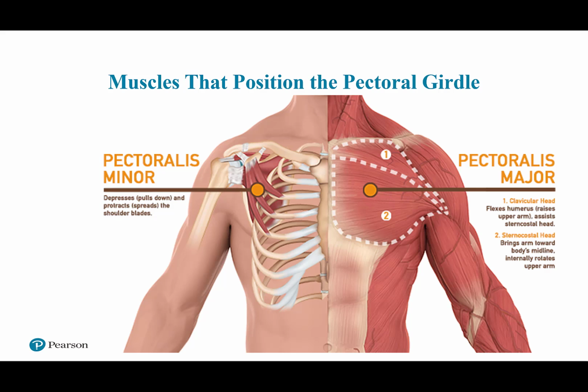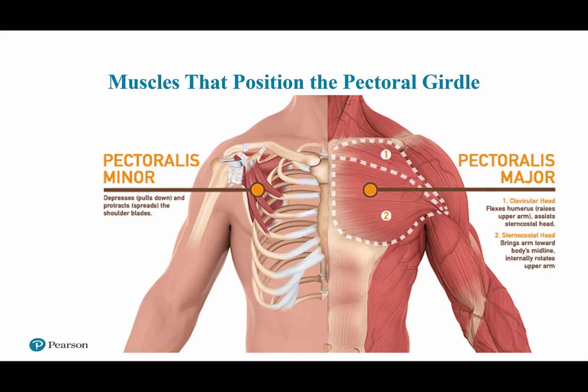So there are a few muscles that help stabilize the pectoral girdle to increase stability of the attachment between the upper limbs and the axial skeleton. With your chest muscles, your thoracic muscles, you have the pectoralis, right? With the pectoralis, there's a major one, which is on the outside.